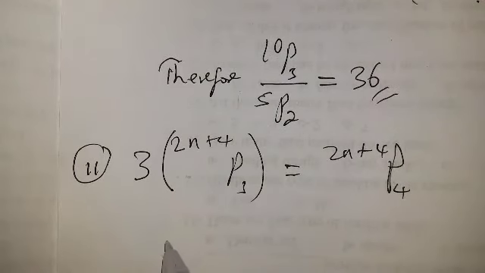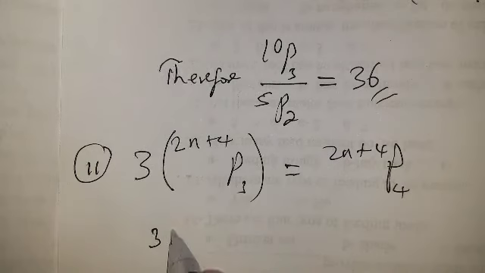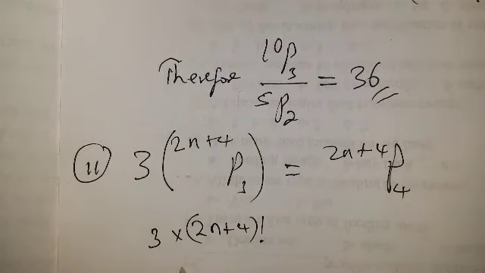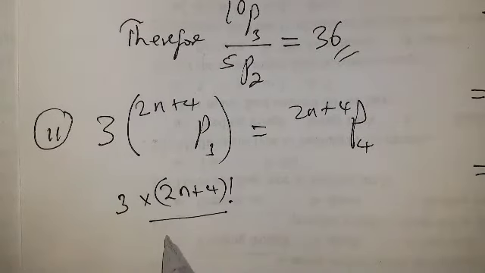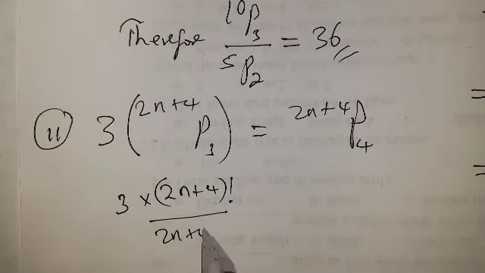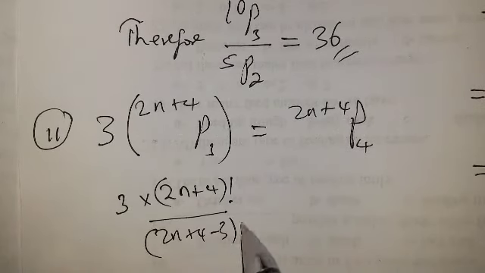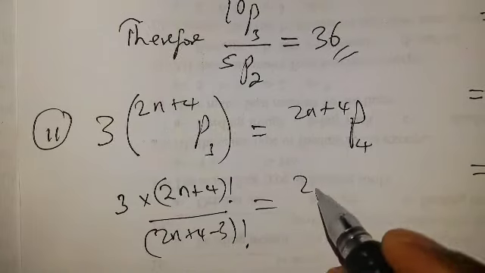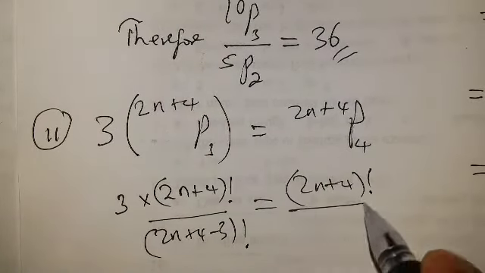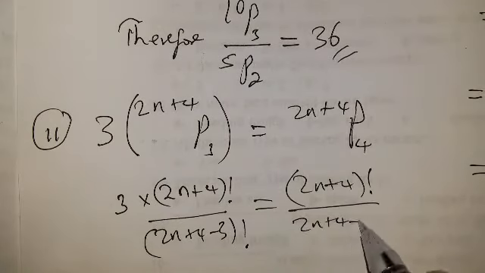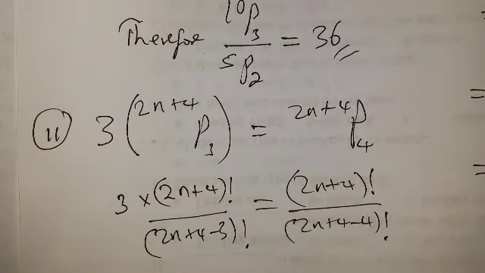So this can be expressed as 3 times (2n plus 4) factorial all over (2n plus 4 minus 3) factorial is equal to (2n plus 4) factorial over (2n plus 4 minus 4) factorial.